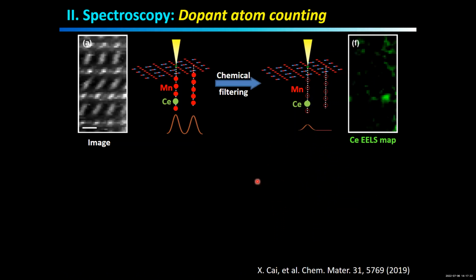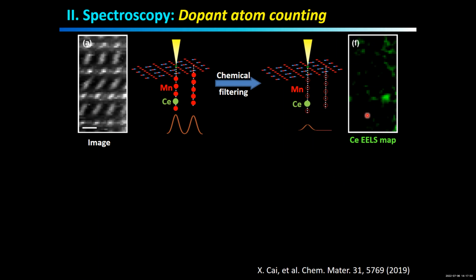So this different sensitivity can be understood from their different contrast mechanism. For the high resolution imaging, the contrast comes from the different electron scattering between cerium and manganese. But if there's only one cerium dopant embedded in this manganese column compared to a pure manganese column, the difference will be small, which will give a weak contrast below the noise level.